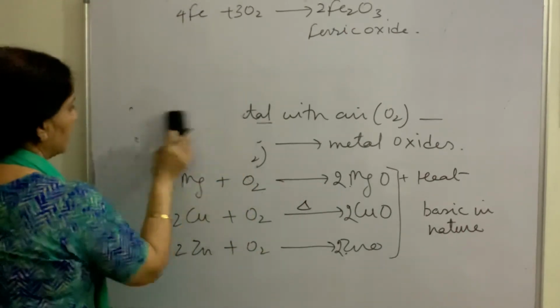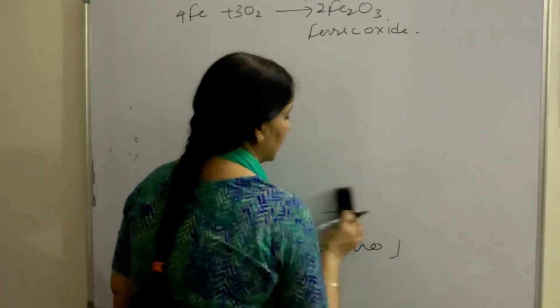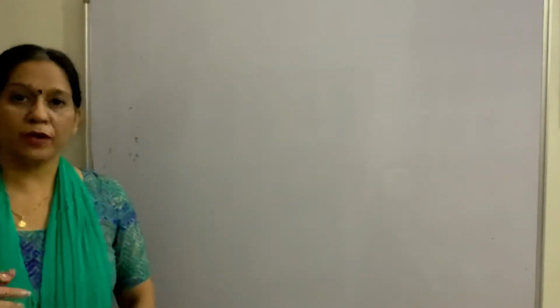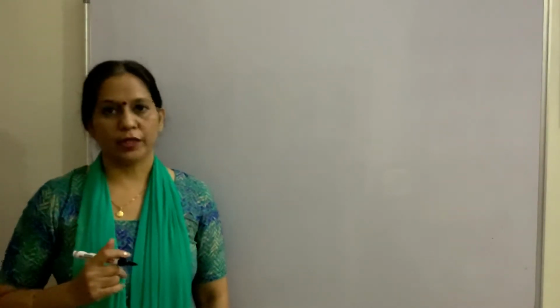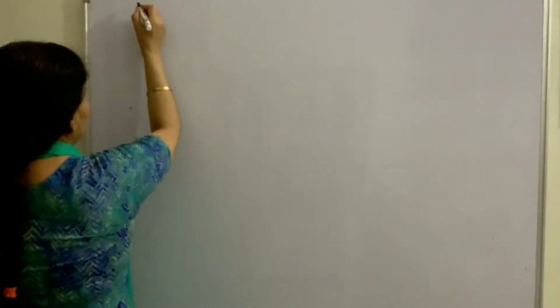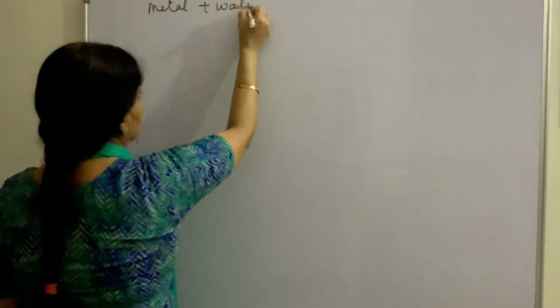Now property number 3, reaction of metal with water. It is slightly different because different metal reacts with different forms of water. Form means hot water, cold water or steam, right? So metal plus water.